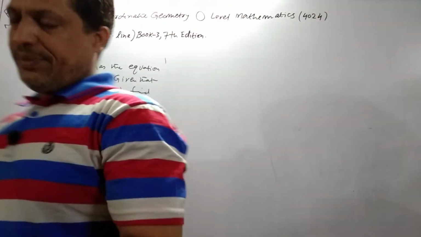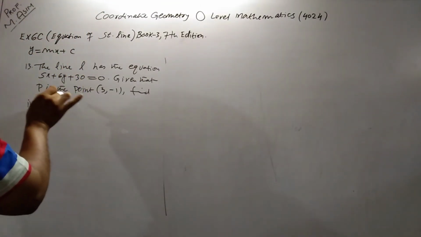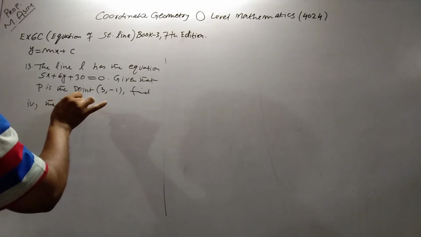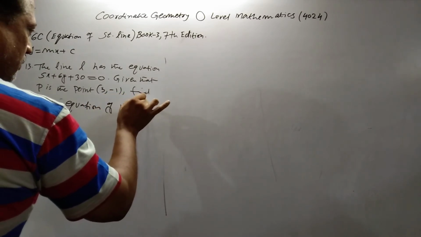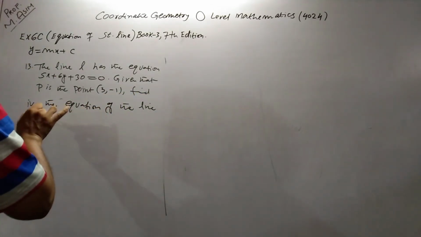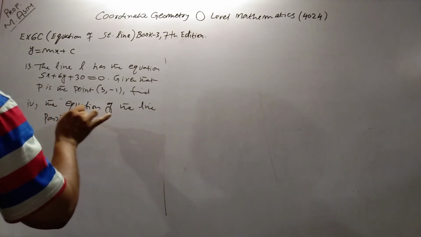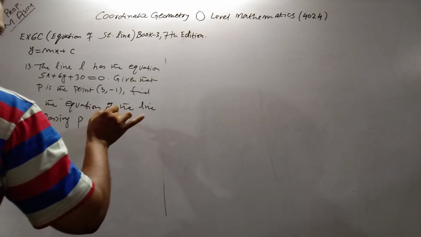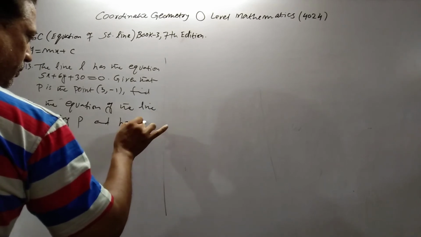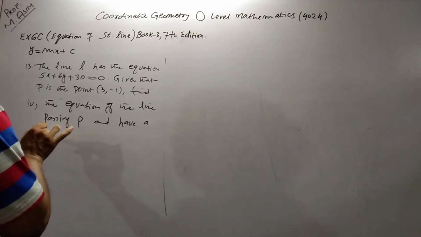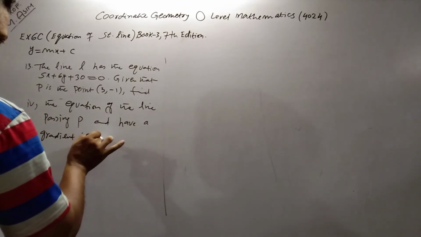The equation of the line passing through P and having a gradient of 0.